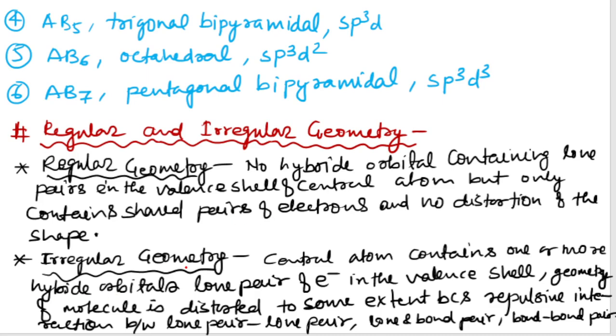But irregular geometry means the central atom contains one or more lone pairs of electrons in the valence shell, and the geometry of the molecule is distorted to some extent because lone pair-lone pair repulsion and lone pair-bond pair repulsion take place. Due to this, the geometry will show irregular.